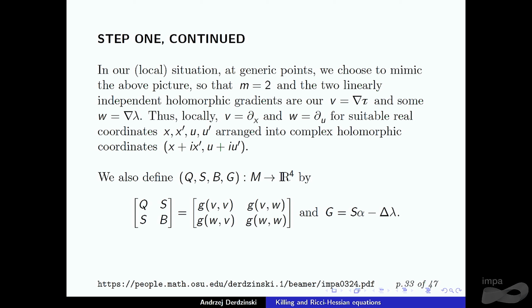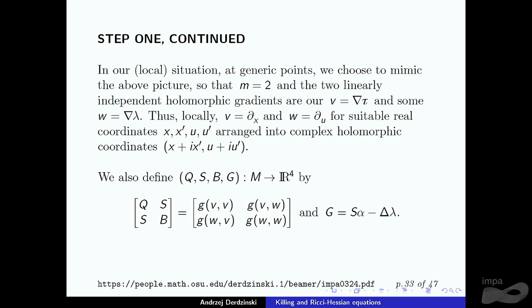And now I'm introducing what? The matrix of the metric restricted to the slice. So I'm taking, in other words, G of VV and so on. This is the Gram matrix, which is the matrix of the components of the metric on your surface slice. And I'm denoting these functions by Q, S, and B. Q is already, of course, what it was before.